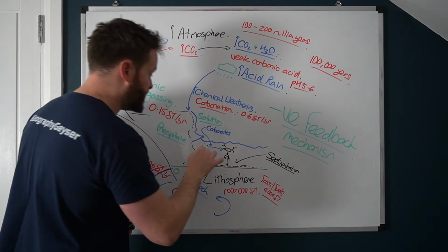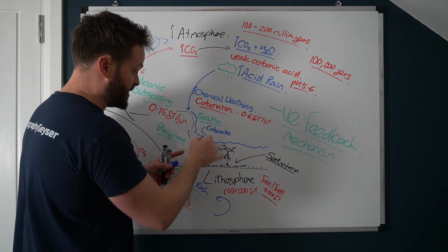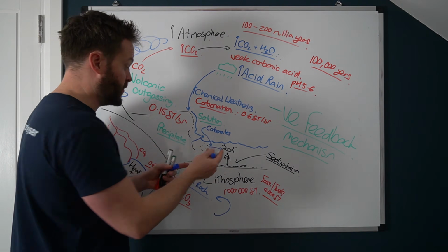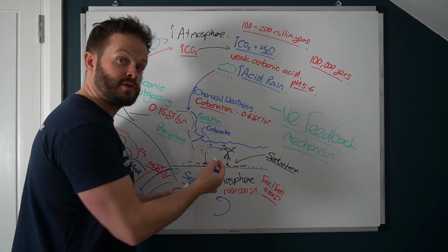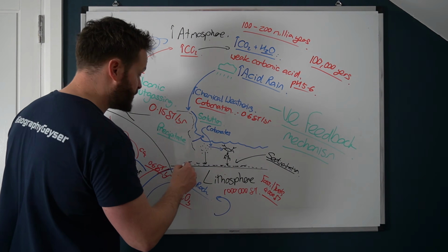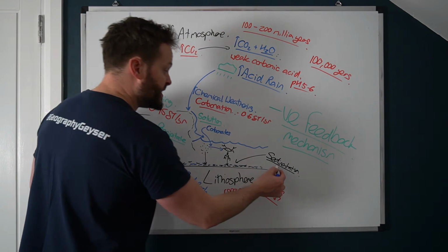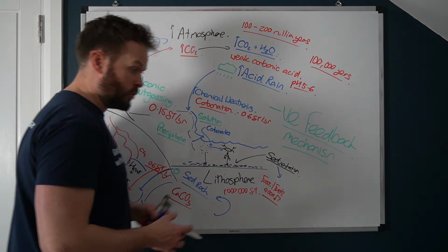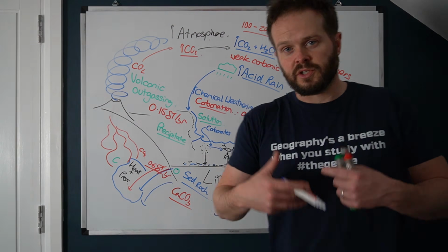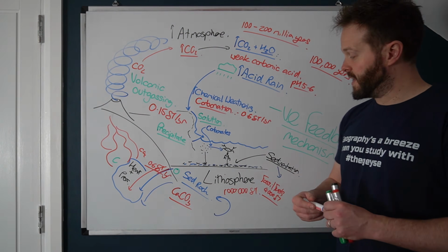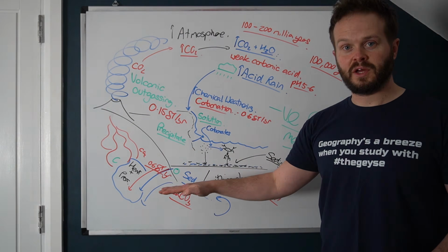We therefore have an increase in the amount of carbonates that are created in aqueous form and are transported via solution to the ocean. And therefore, we have an increase in the amount of carbonates that make their way down to the lithosphere, and an increase in the amount of all of these particles that then undergo sedimentation. And thus we have balance restored once again.